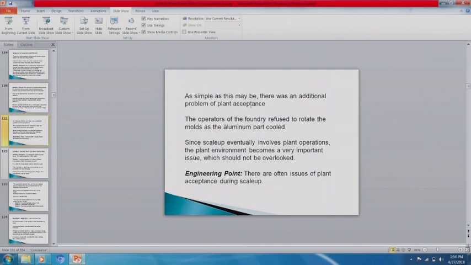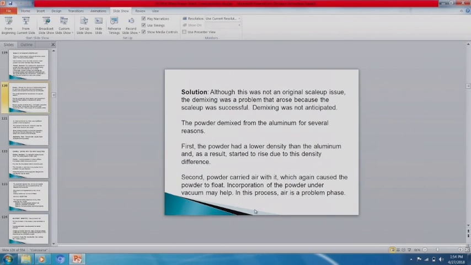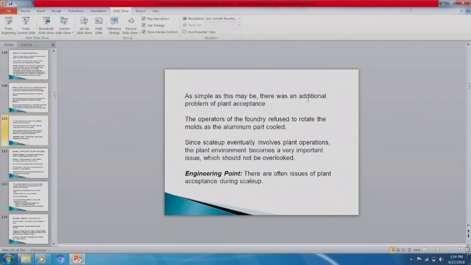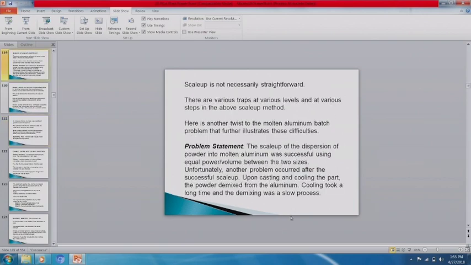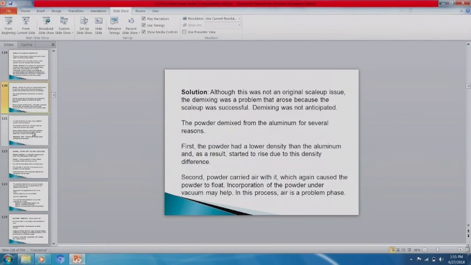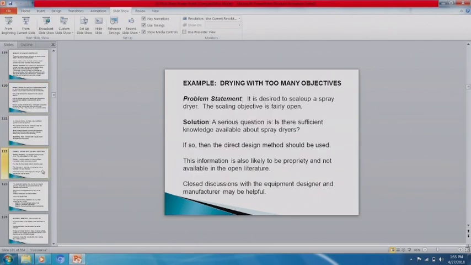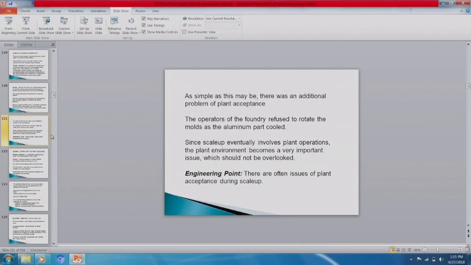As simple as this is, there was an additional problem due to plant acceptance. Operators refused to rotate the aluminum part as it cooled. See, if you rotated the aluminum part, you could have prevented demixing.